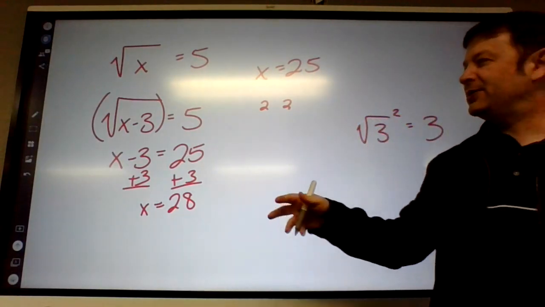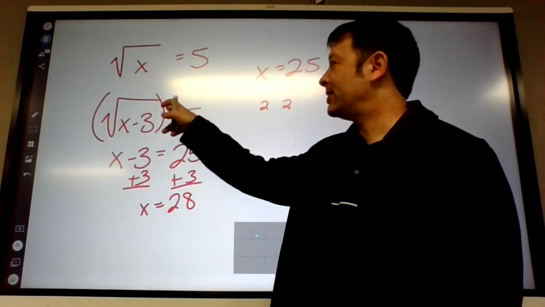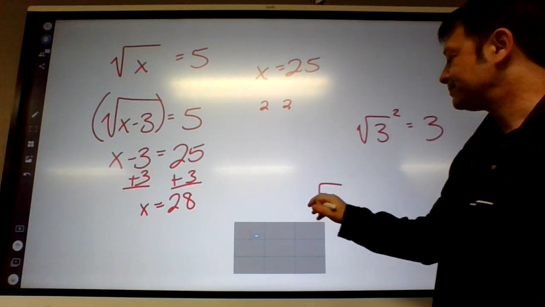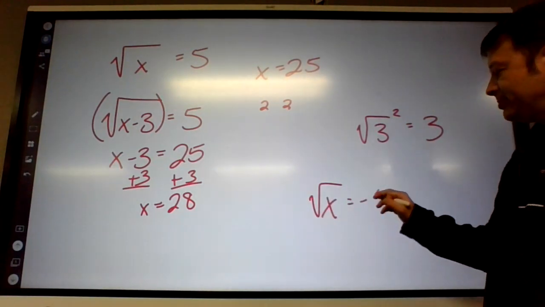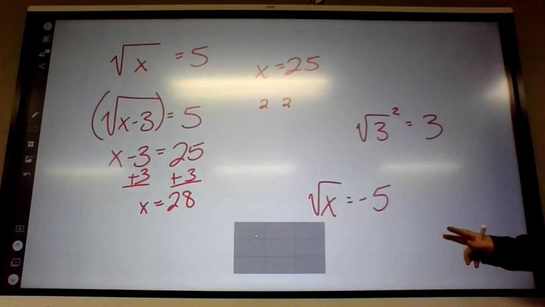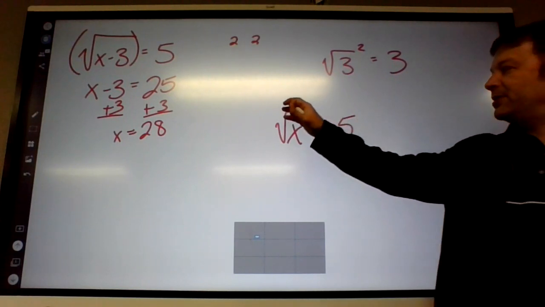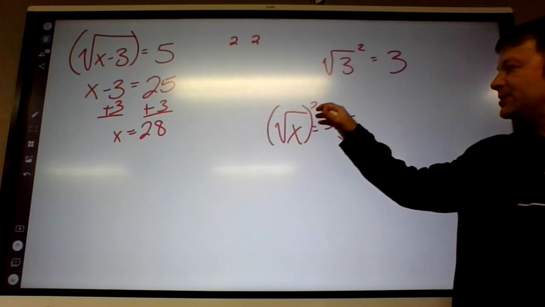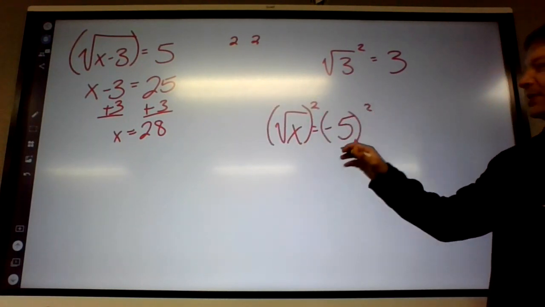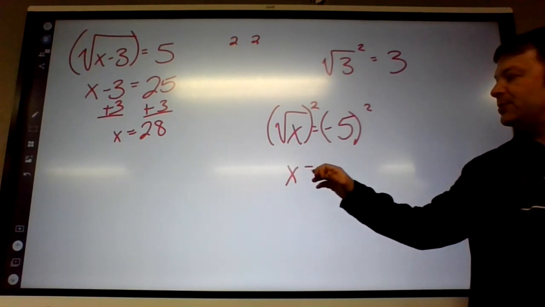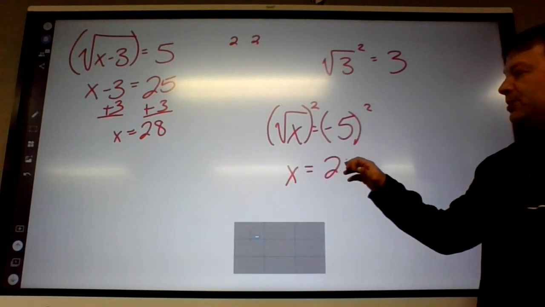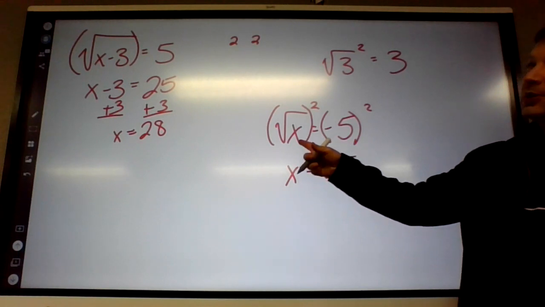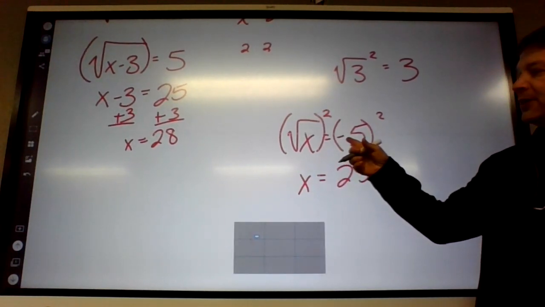Okay, there is one problem with squaring both sides. And that would be something like this. Because if I square both sides of this, I would get x equals 25. But is the square root of 25 actually negative 5?